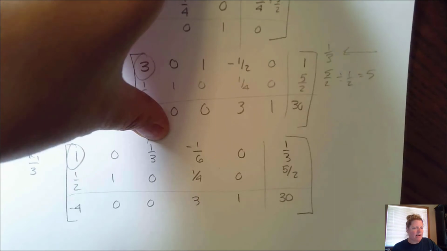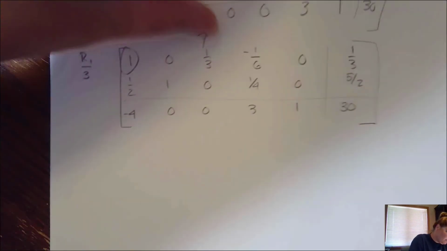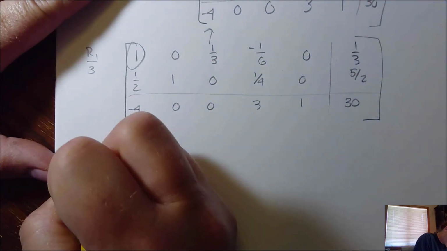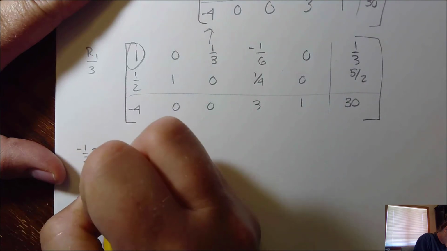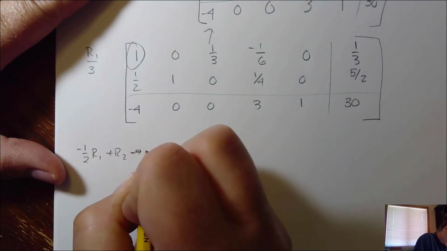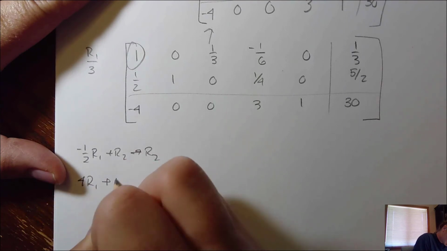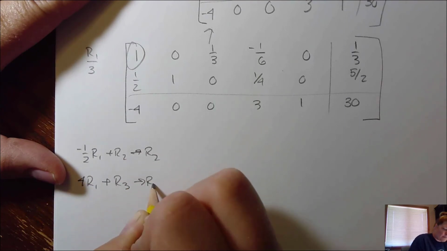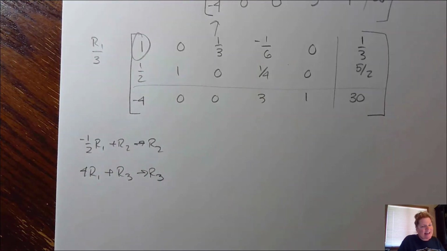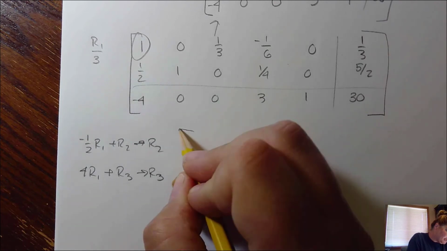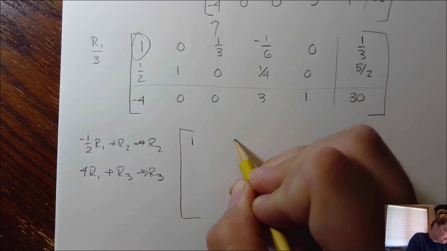So we'll use negative 1/2 and 4. Okay, so we're going to do negative 1/2 times row 1 plus row 2, replace on row 2. Then we're going to take 4 times row 1 plus row 3, replace on row 3. So our top row stays the same.